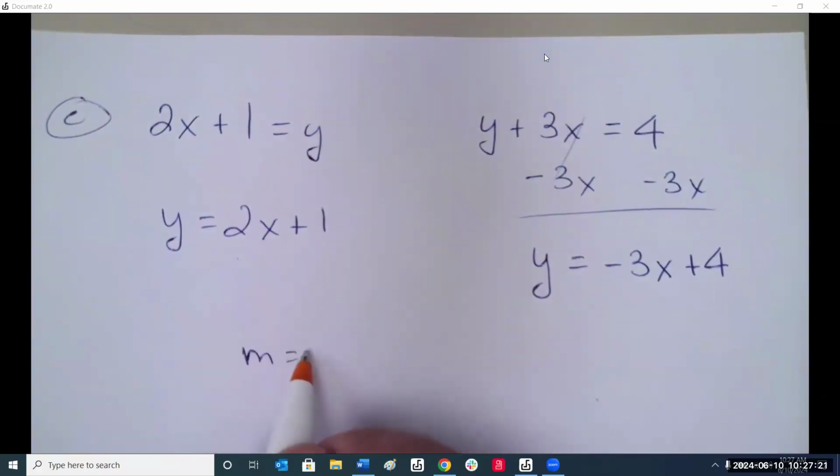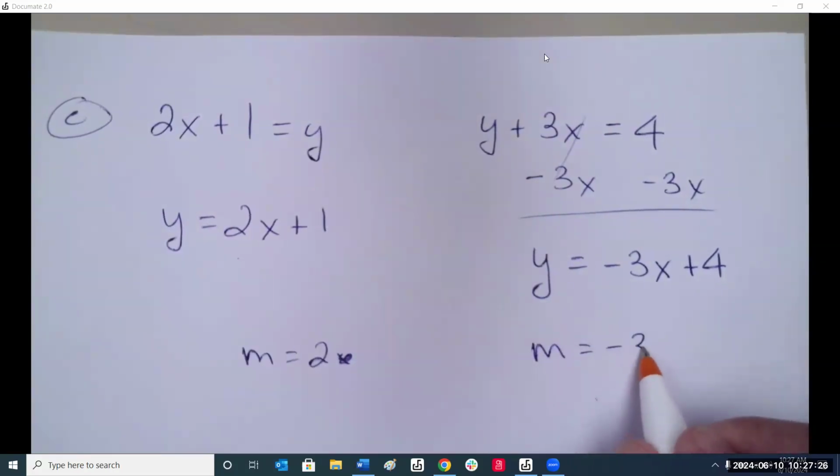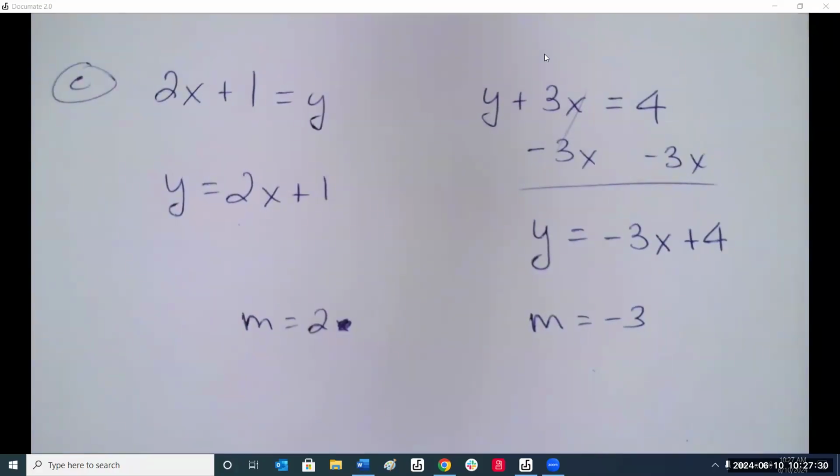So the slope of the first one is 2. And the slope of the second is negative 3. So what does that tell us? Are they parallel? No, because they have to be the same. Are they perpendicular? Are the signs opposite? Yes. Are they flips of each other? No. So it's not perpendicular, it's not parallel. Neither.